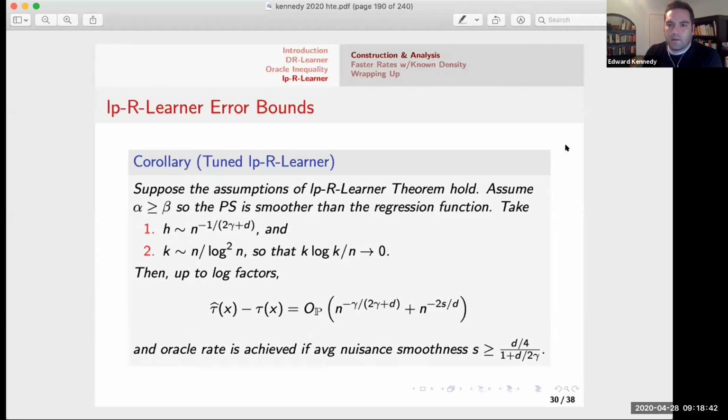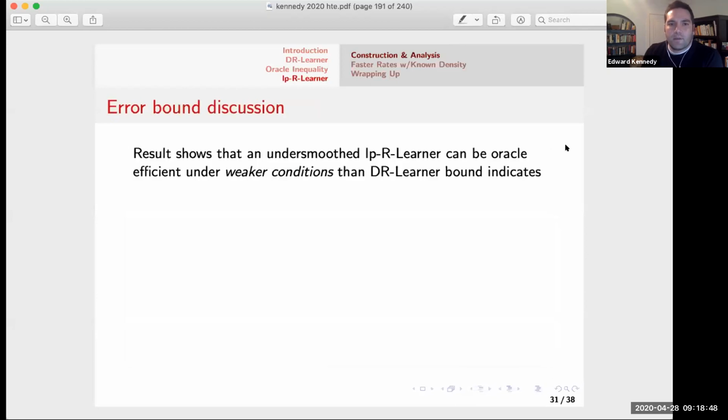Looks like s greater than d over 4 divided by some inflation factor. So let's think about what this is saying. Yeah, this is much weaker than the condition we get from the DR learner. The trade-off is we have to use this sort of specialized estimator.